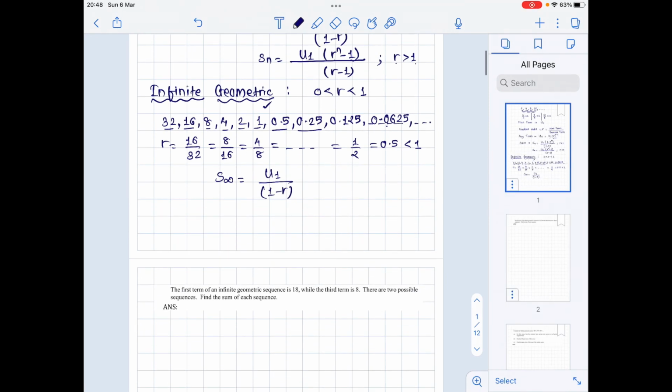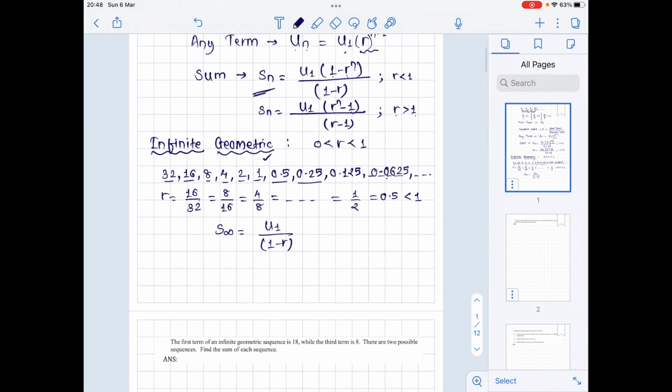The reason is that it is the same formula. Instead of Sn, I'm writing S infinity, because if you see, your ratio is more than 0 and less than 1. So in 1 minus r, r raised to n is a decimal between 0 and 1.